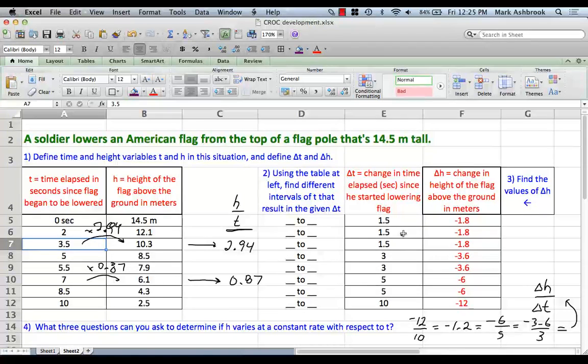What about over here? If 1.5 seconds goes by, how far does it go down? 1.8. And that's because if every second it goes down 1.2, and then we got 1.5 seconds, how do we get how far it goes down? Multiply by 1.2, right? So in 10 seconds, how would you get how far the flag goes down?